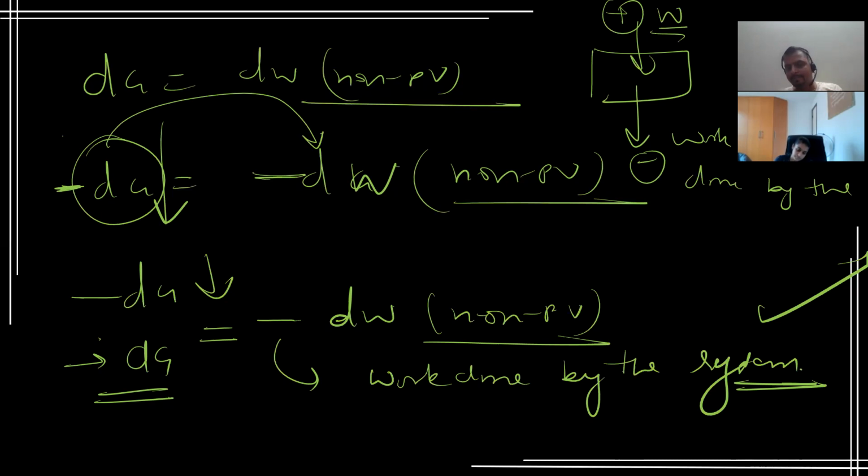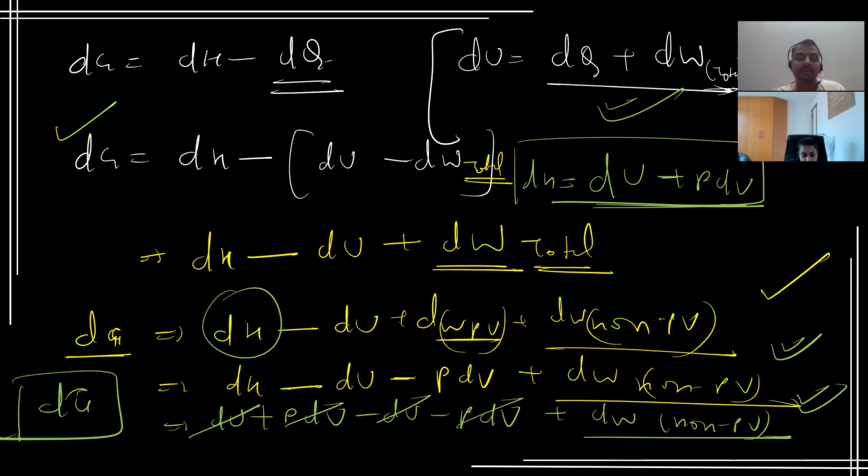Any doubt here? No. So this is the higher dimension of thermodynamics where you need to apply your brain. I think this is clear. So you want to pen down this?